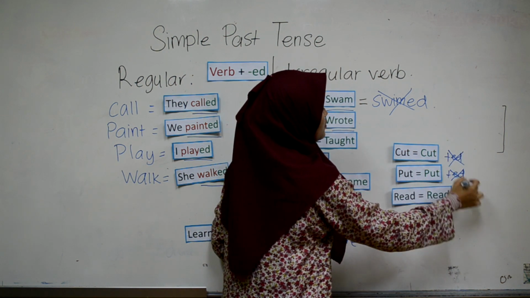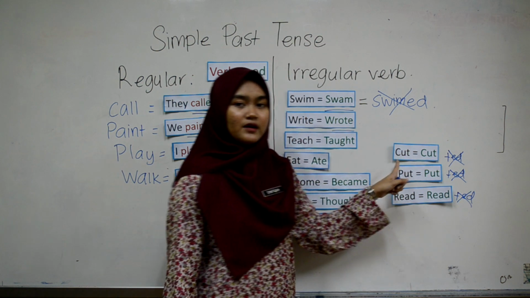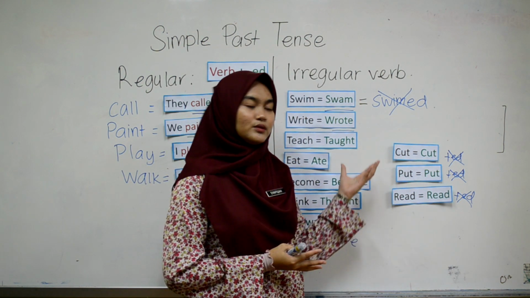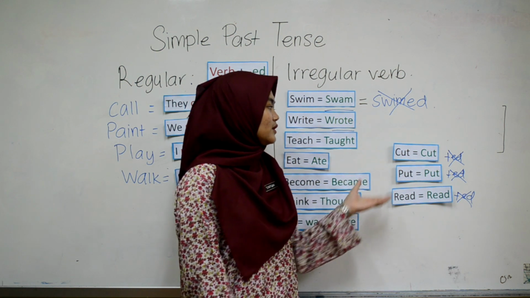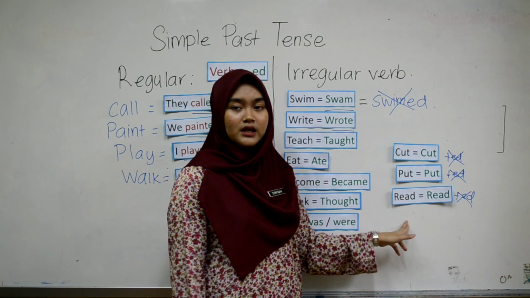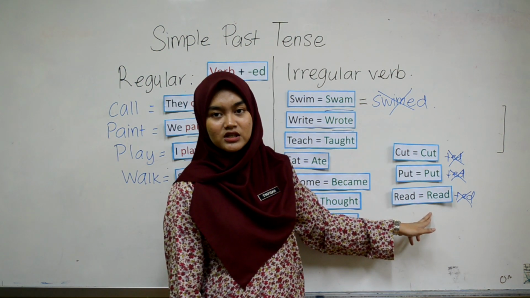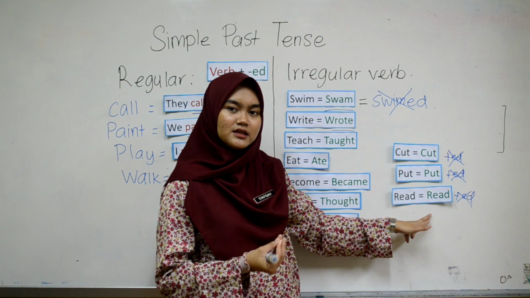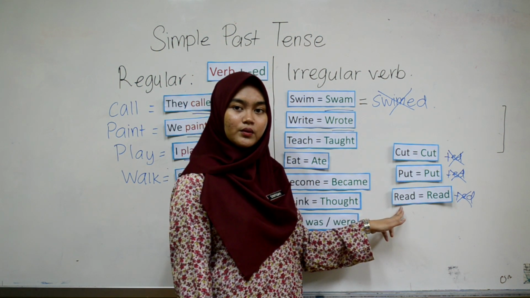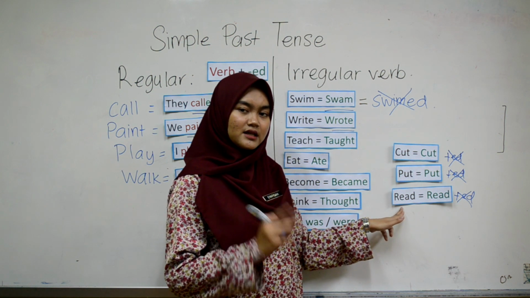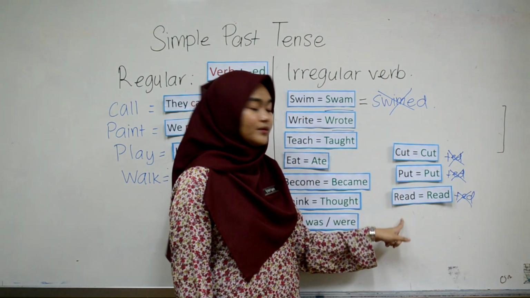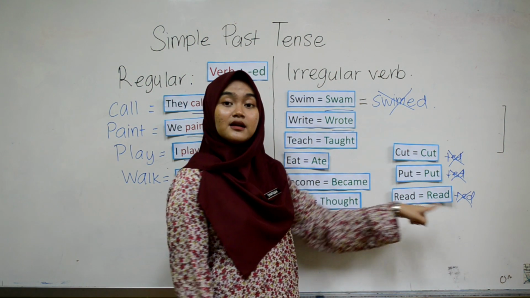These are all wrong because these verbs are special, so you don't have to change the form to show that it is in past tense. However, pay attention to read. Even though it doesn't change its form, how you pronounce it is different. Read for the root word or simple present tense, and also read when it is in past tense form.